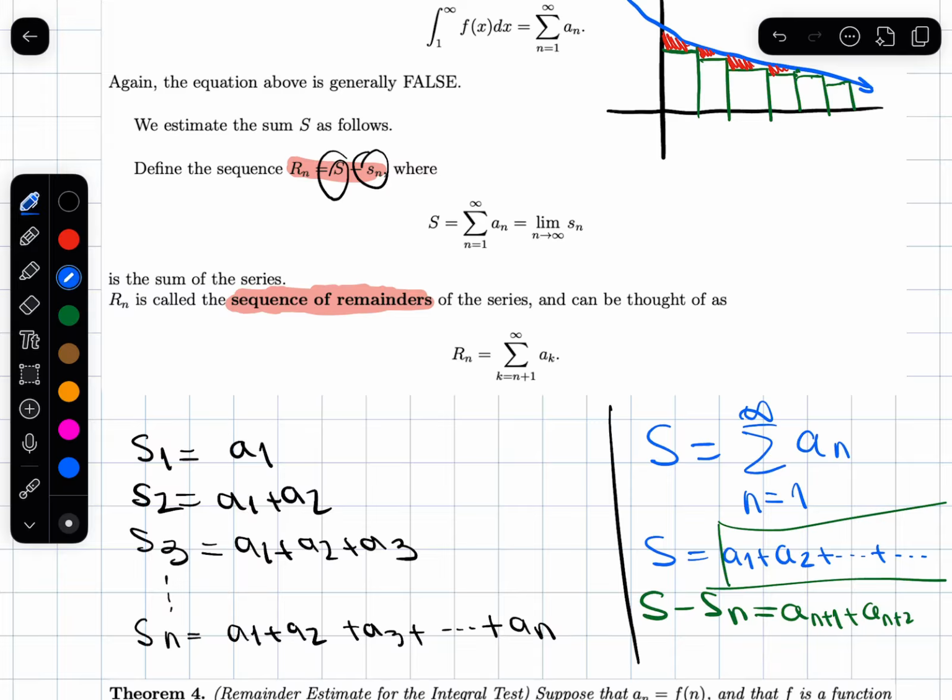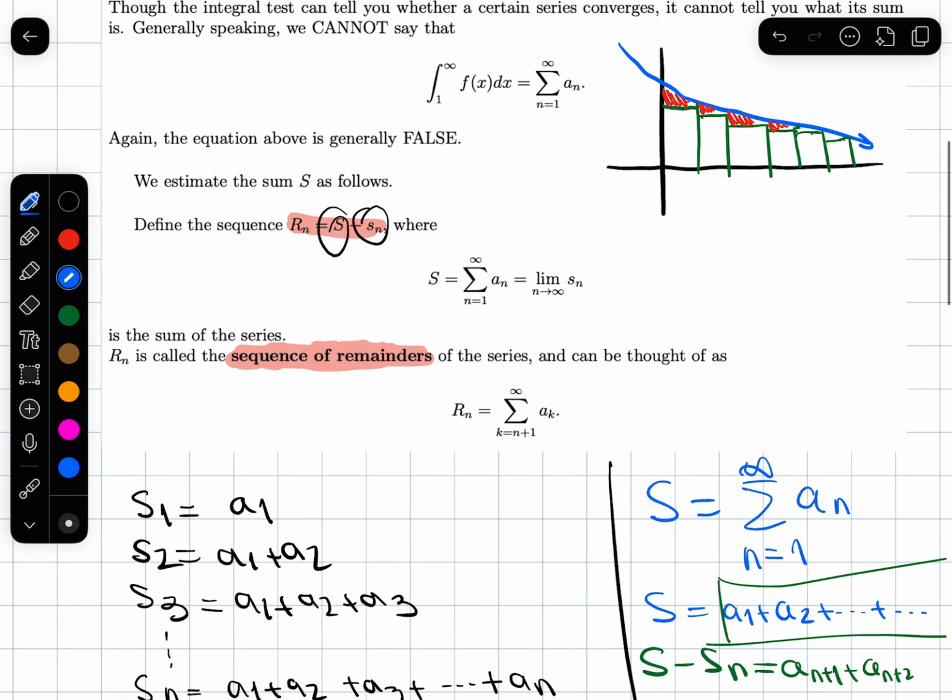For example, if I go back a little bit, what will be R1? R1 will be S minus S1. So that means I take away a1 from all terms. So I add everything from a2 onwards forever. R2, excuse me, will be S minus S2.